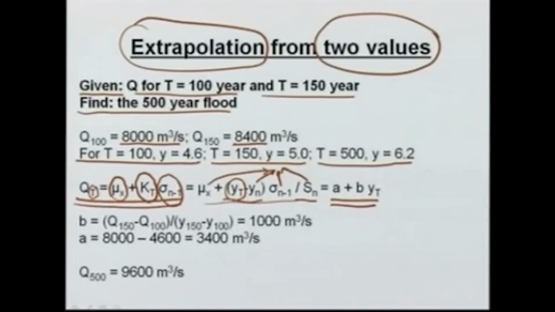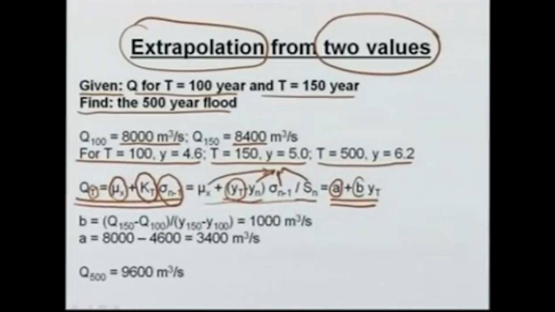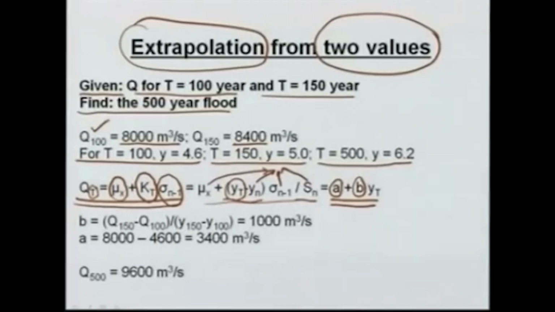So, if we write Qt equal to a plus b yt, we have really two unknowns, a and b. If the values of Qt and yt are known for two different values, then we can estimate these a and b values. In this case, Q100 is given and y100 is given. Similarly, Q150 is given and y150 is given.